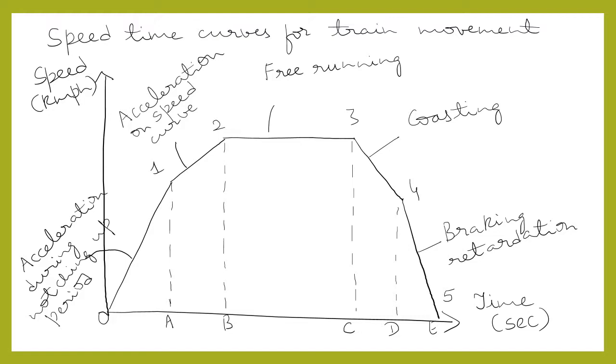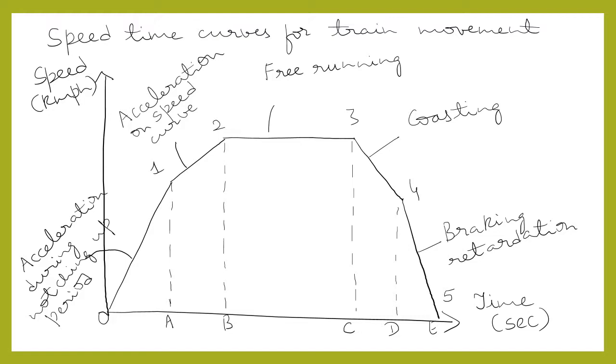Next time duration is BC, that is the free running or constant speed period. It indicates the free running period where the train will run at a constant speed, that is curve from 2 to 3. And next time duration is CD, that is curve 3 to 4, which is the coasting period.